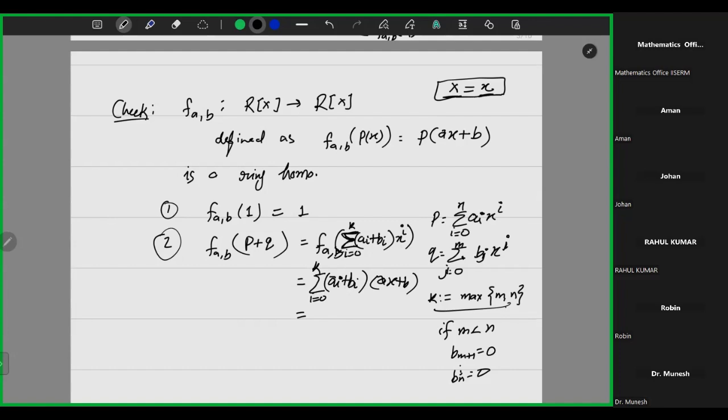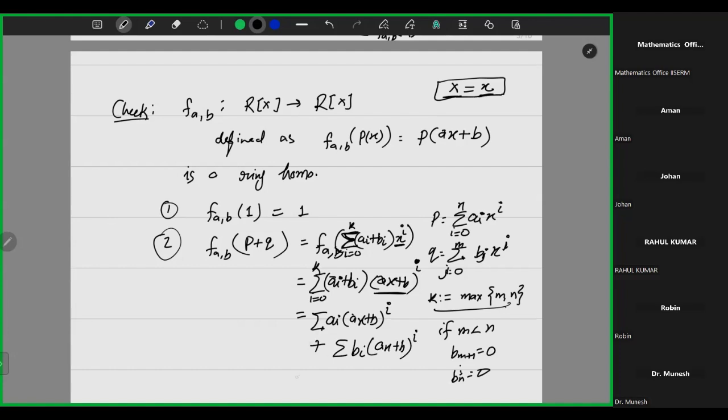By the usual property of polynomials, you can split it again, so it will become the summation of a_i times (ax plus b) to the power i. Here we are replacing x by ax plus b, so the power i remains, plus the summation of b_i times (ax plus b) to the power i.